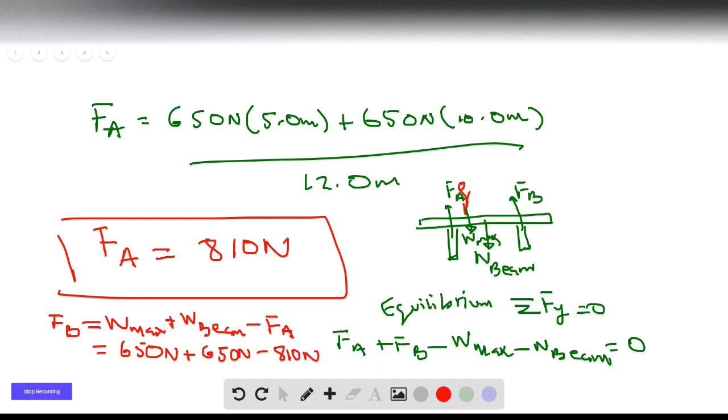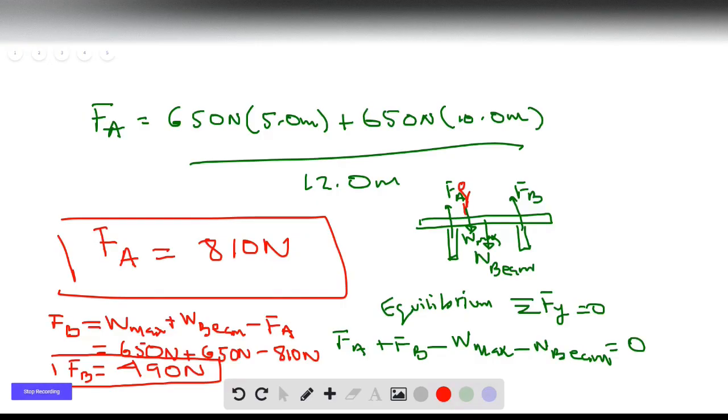And so F of B becomes 490 newtons, and this is what you get when the person stands 2 meters from A.